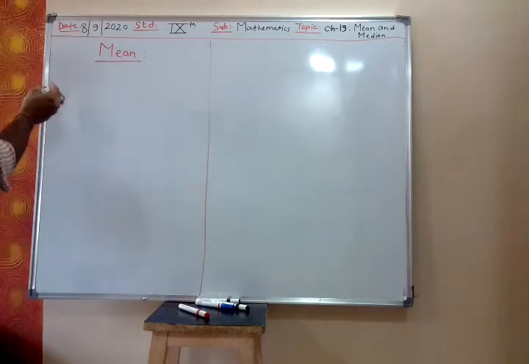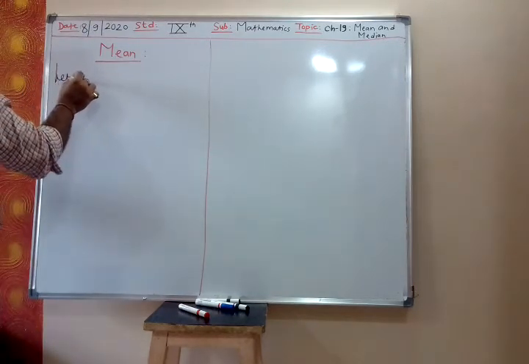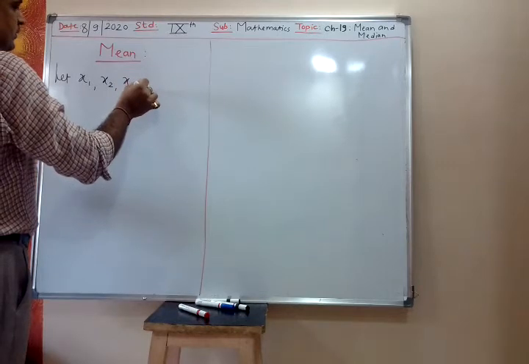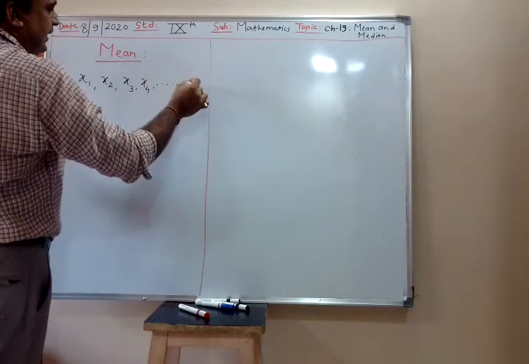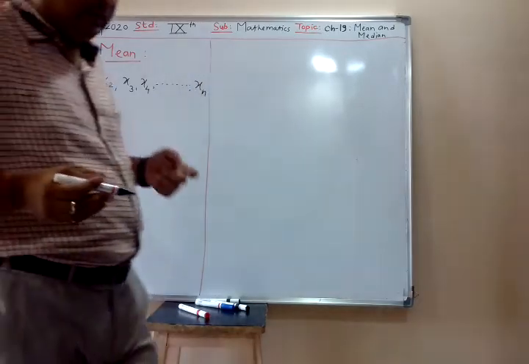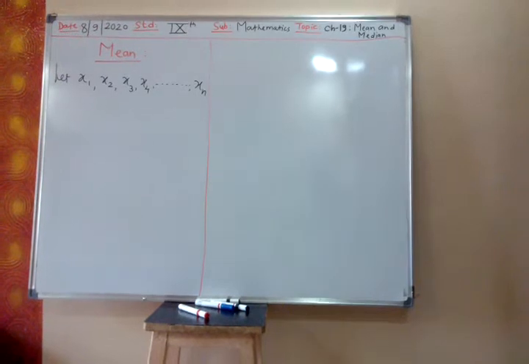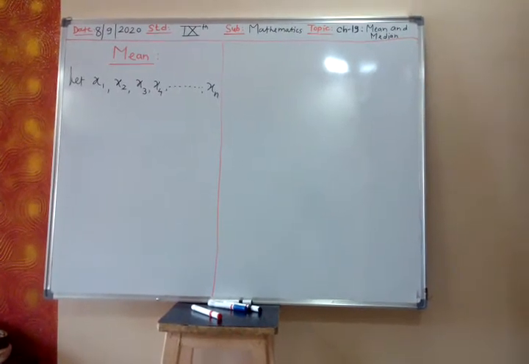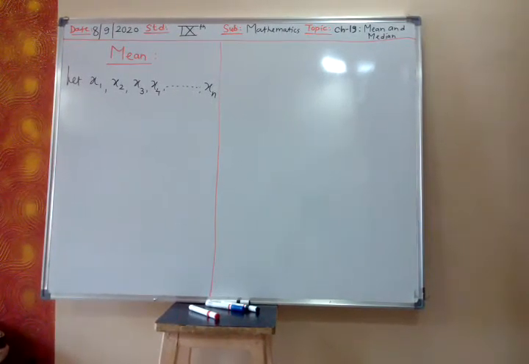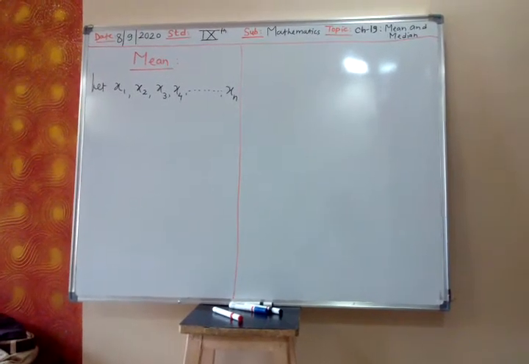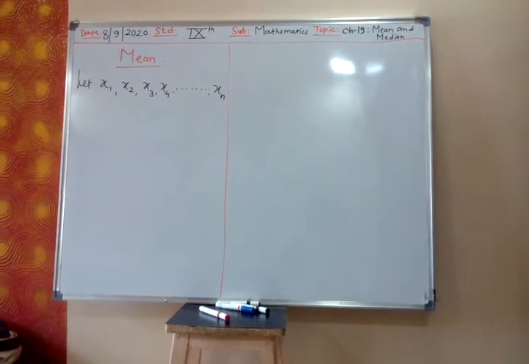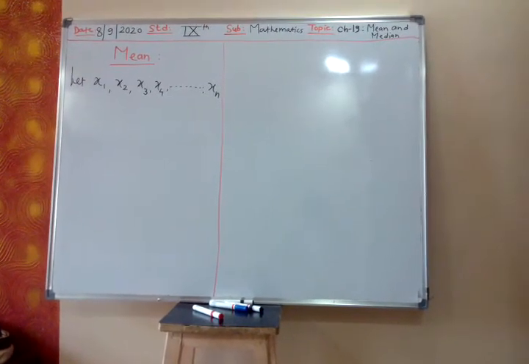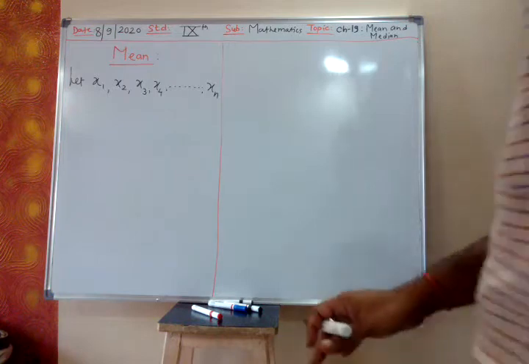So we are given discrete values, right? Let x1, x2, x3, x4, up to xn.